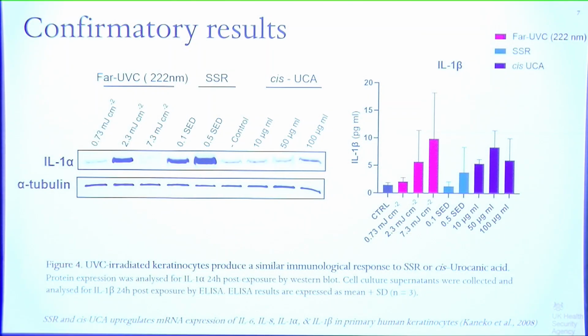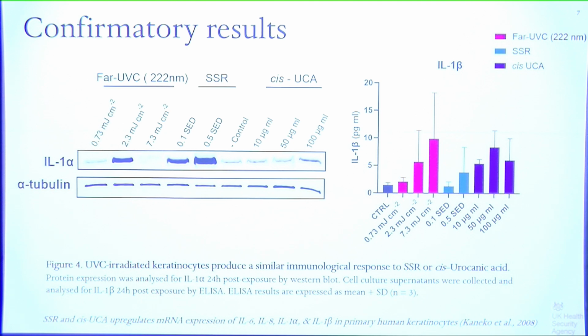So the IL-1 family is constitutively expressed in keratinocytes. Here we have interleukin-1 alpha and interleukin-1 beta. And what we generally found was that the UVC-exposed keratinocytes produced a very similar response to the solar-irradiated keratinocytes, particularly with interleukin-1 alpha.